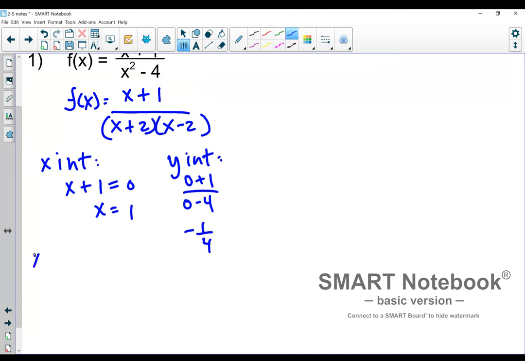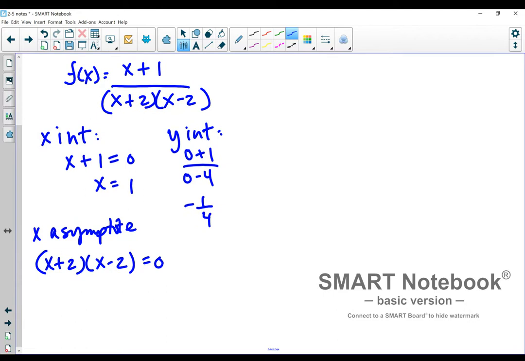For my vertical asymptotes, I will need to let my denominator be 0. So there'll be 2 vertical asymptotes. For x-intercepts or asymptotes, there can be more than 1. For y, there's only 1. So x plus 2 is 0, x minus 2 is 0. So 1 at 2, 1 at -2.